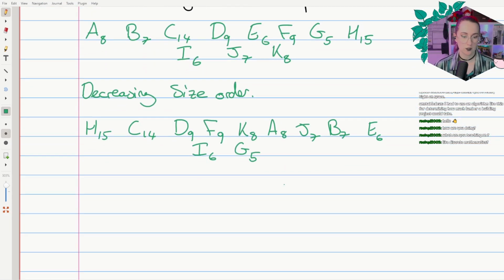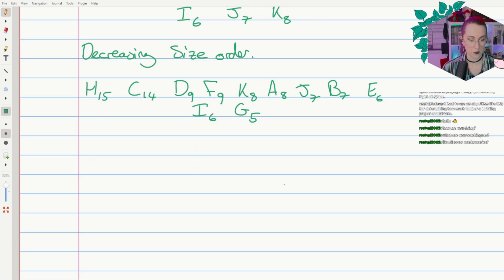And now if we do the fit first algorithm, we go down this list and we put them into bins. So we start with bin 1, and that's going to have H with 15, and that's going to have space 5 left over. And then we do C14. Now that's definitely not going to go in the first bin, so that's going to get its own bin. 14 with remainder 6.